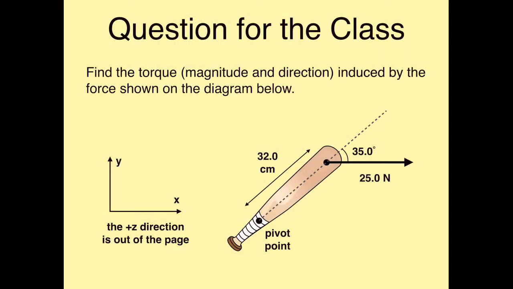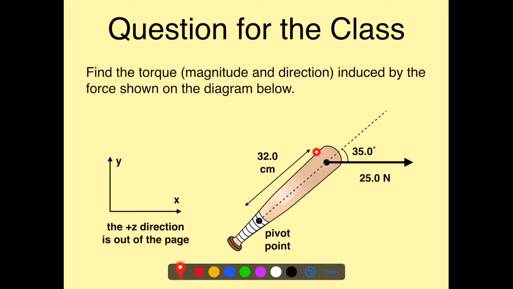So here's another example to practice with. What I want you to do is find the torque, that is the magnitude and the direction, induced by the force that's shown on the diagram below. So we have a baseball bat. This is the pivot point. This is the axis of rotation right here. We apply a force to the bat going to the right at this point right here.